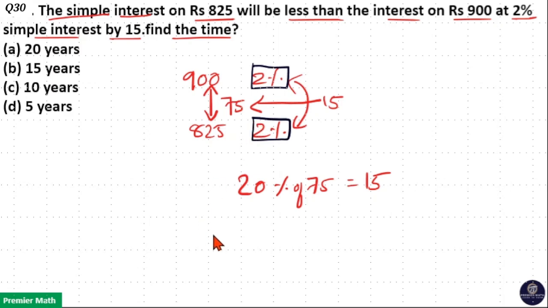If I write this 20% as 10 into 2%, 10 into 2% of 75 is 15. Now you can see here 10 is extra. This 10 is the number of years, because we don't know the number of years here. So this 2% for 10 years gives this 15 rupees. So option C is your answer.